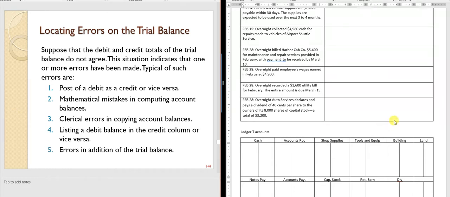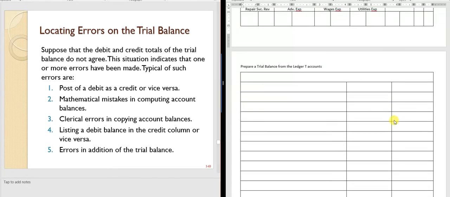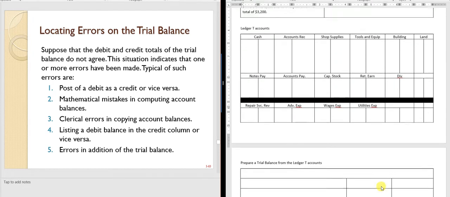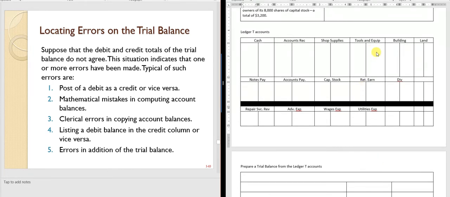Okay. If you have errors in the trial balance, which you will, just a couple things. Get the difference of your debits and credits, divide it in half, and look for that number. Because if I put a number on my credit side that was supposed to be on my debit side, let's say it's 200, my credits are 200 too high, and my debits are 200 too low, so that difference will be $400.